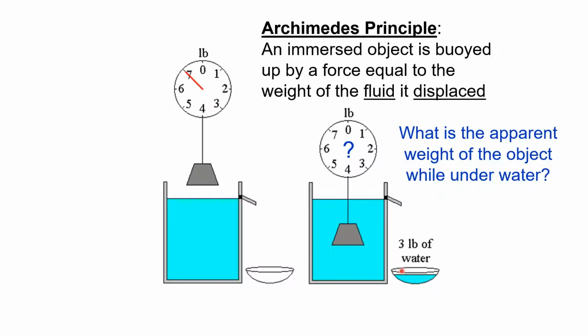What I mean by apparent weight is when this object is underwater, it should seem like it's lighter. And so the scale up here should not read 7 pounds, because the object's going to seem like it's lighter. That's just what objects do when they're in water. So what would this scale read if we measured 3 pounds of water that was pushed out?